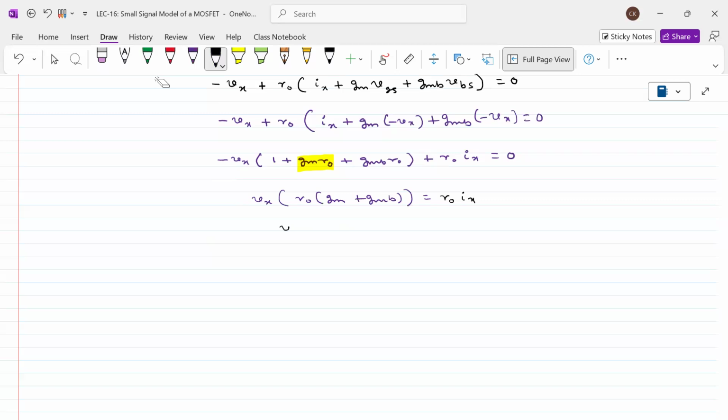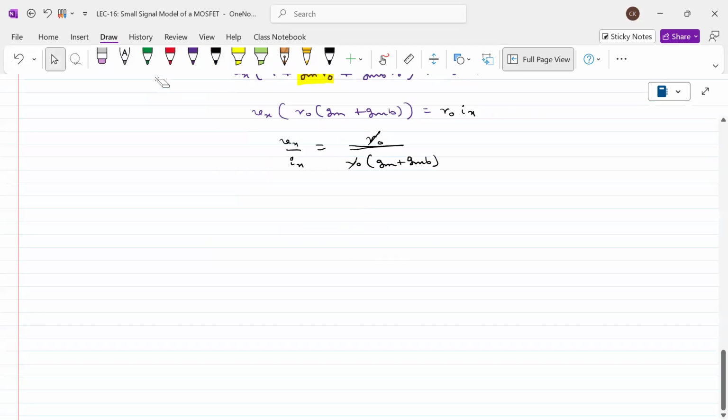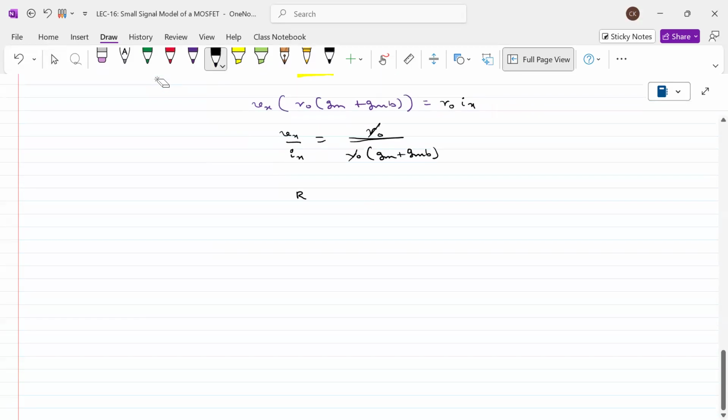Therefore, Vx divided by Ix equal to R0 divided by R0 into gm plus gmb. R0 and R0 will get cancelled. What is the resistance seen there? 1 by gm plus gmb. It can be approximated, right?